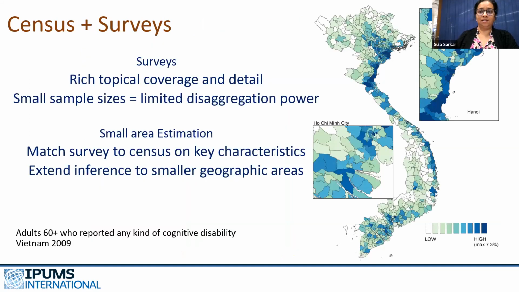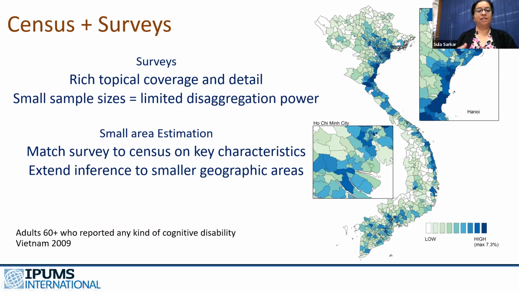for your analysis. Here are some examples how you can use census and surveys. Surveys have rich detail, and then you can also do small area estimation with the census. So here is an example of adults 60 plus who reported any kind of cognitive disability in Vietnam.